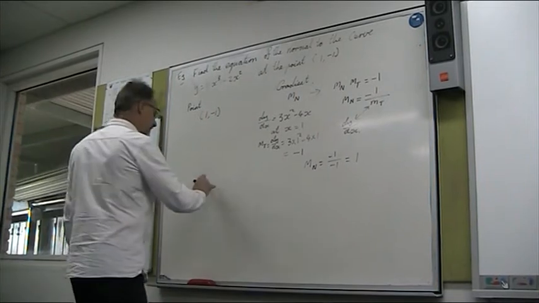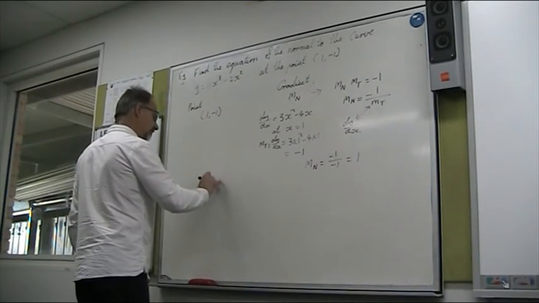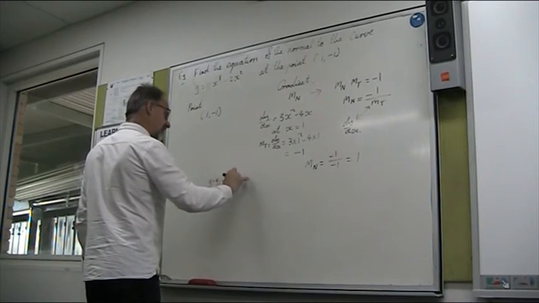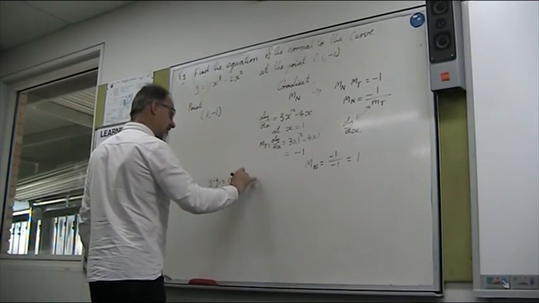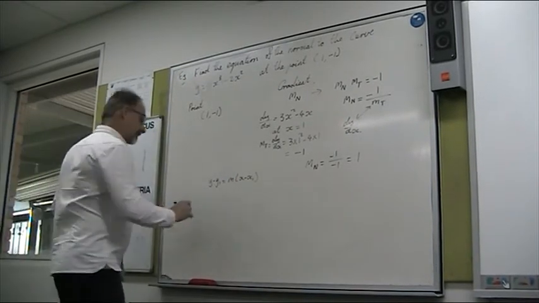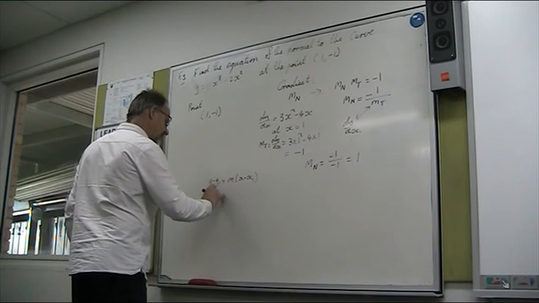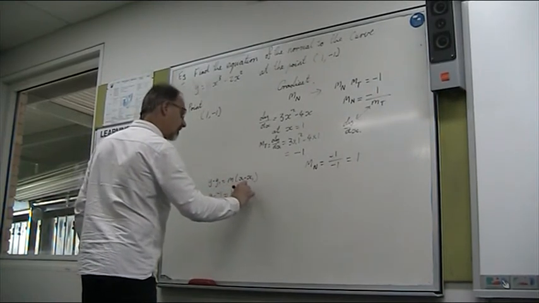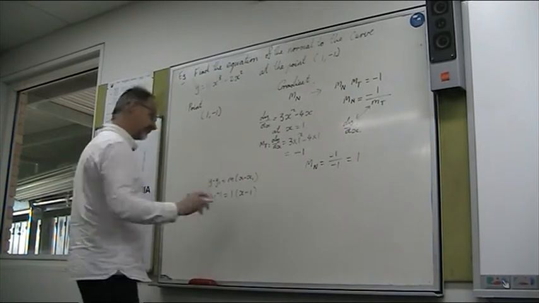And so y minus y1 equals the gradient times (x minus x1). So y minus -1 equals 1 times (x minus 1).